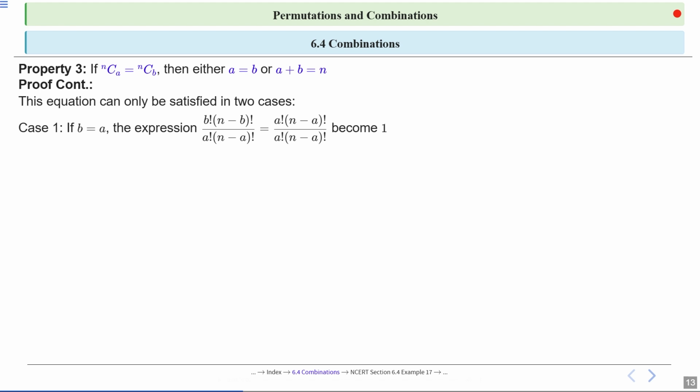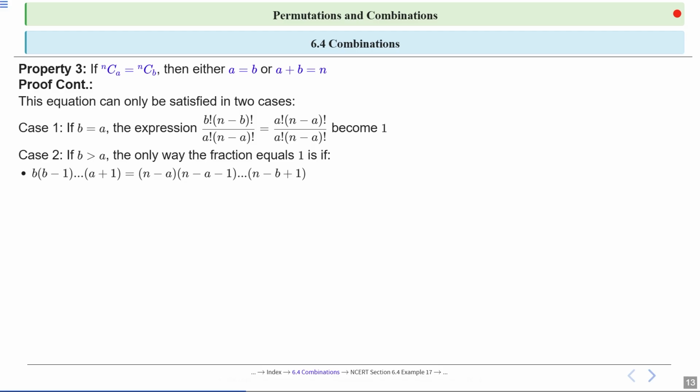Case 1: if b equals a, the expression b factorial times (n minus b) factorial upon a factorial times (n minus a) factorial becomes 1.